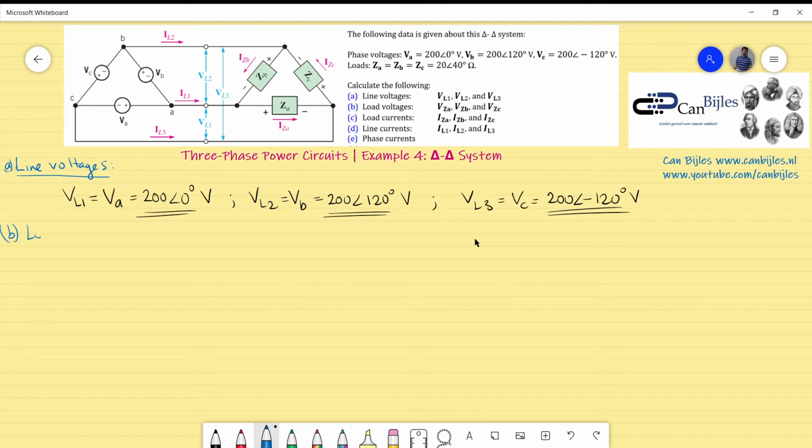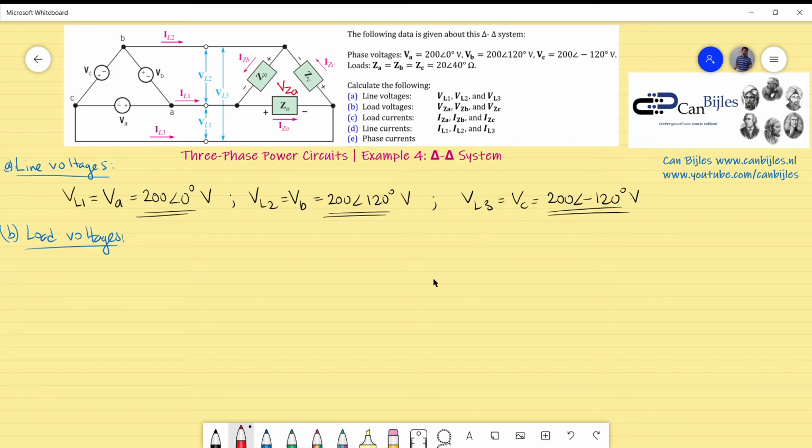So let's move on to load voltages. Load voltages are the voltage across each load. Let me make this clear. For example, for A, I would like to know what the voltage is here, so V of ZA. I can do the exact same for VZ of C and VZ of B, so I won't write it down, otherwise it will be cluttered.